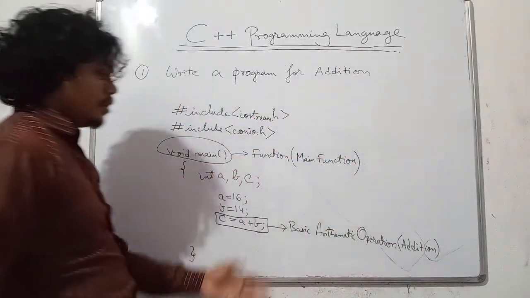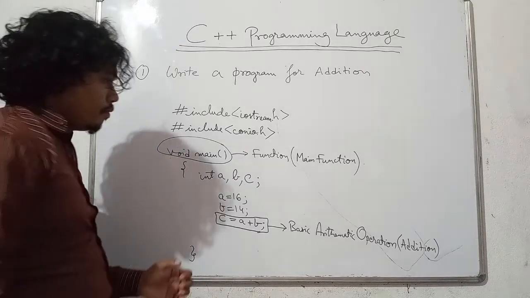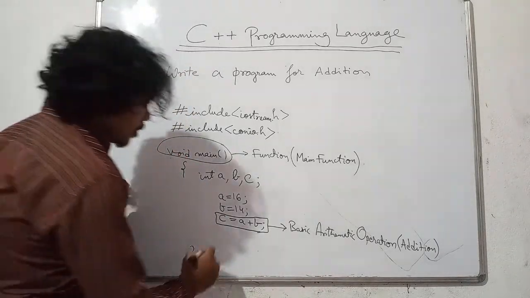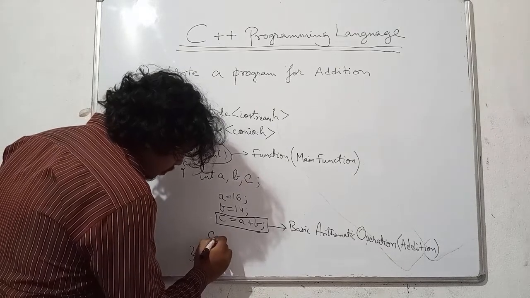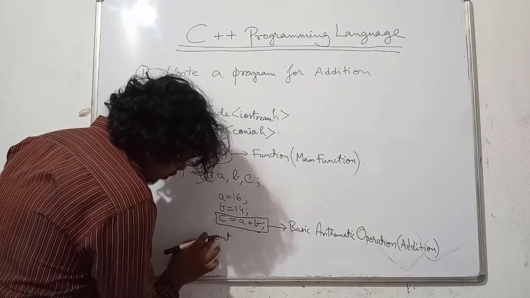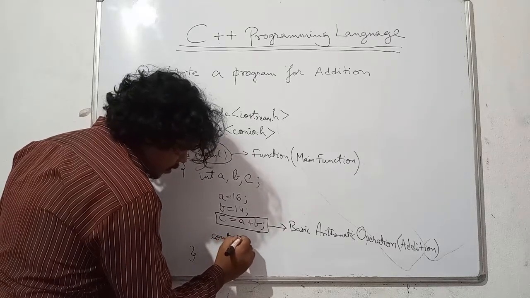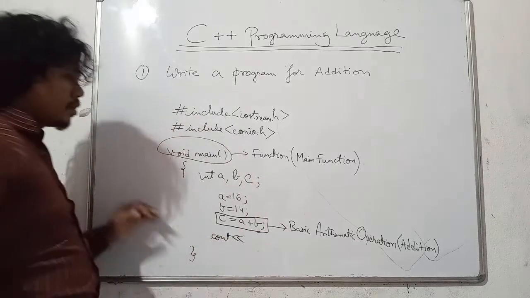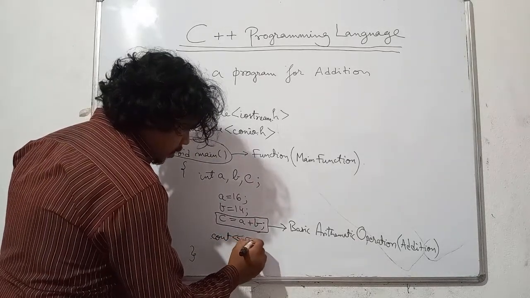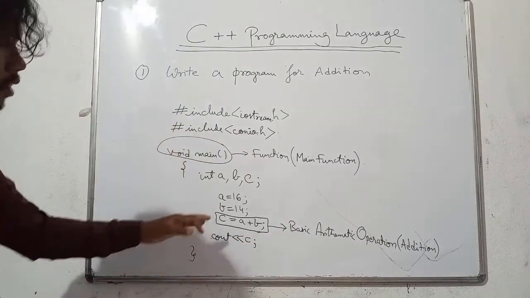Now we need output, result. So we write cout C. Here you will get the output.